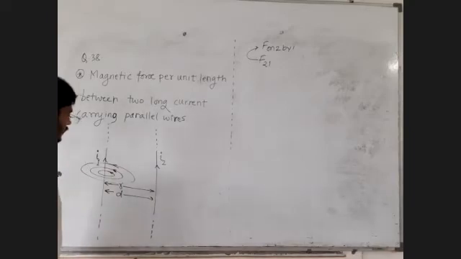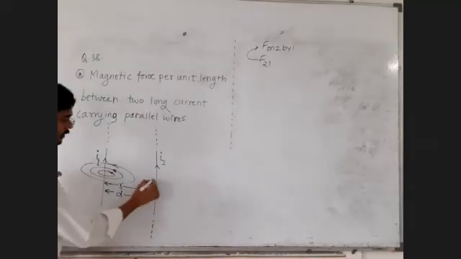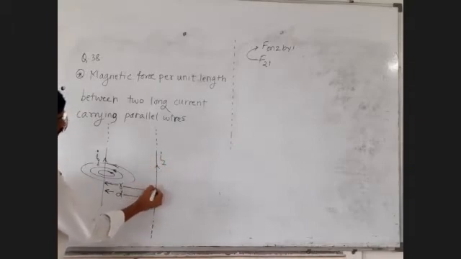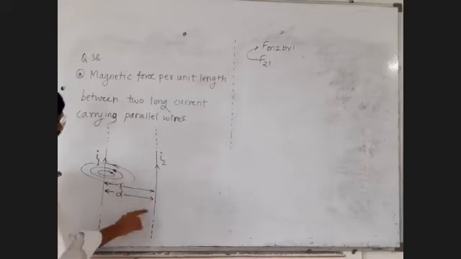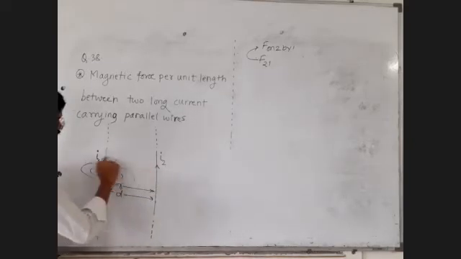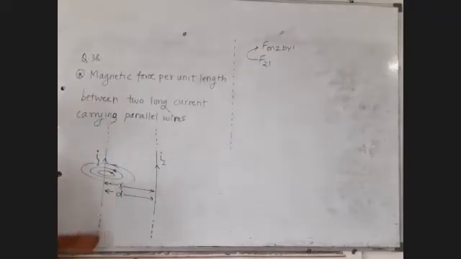Now children, tell me, at any point on this wire, all these points are at a distance equal to small r from this infinitely long or the very long straight current carrying conductor.